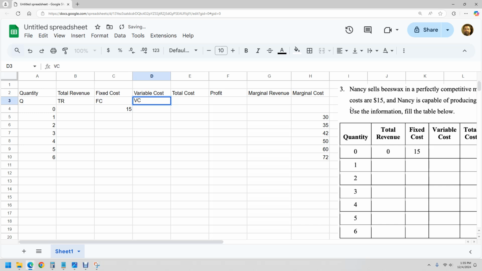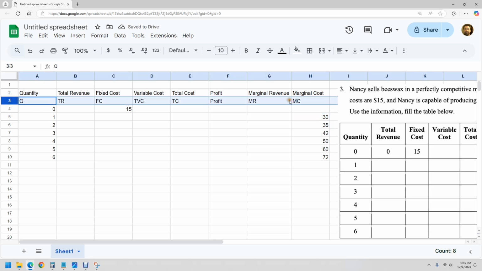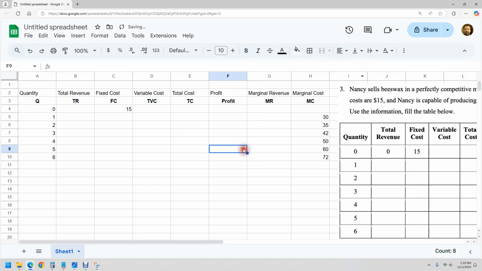This will be VC, sometimes written as TVC as well, total variable cost. Total cost. Well, profit is profit, so I can't get around that. Sometimes you might see it as pi, and then you might see MR and MC. I like all of these things to be bolded, so I highlighted the whole thing, I hit bold, and I went to the middle there.